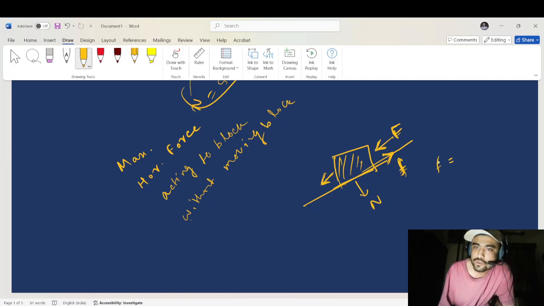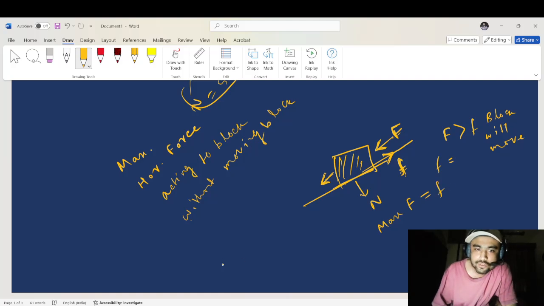So if F is greater than small f, the block will start to move. So when we are applying the force without moving, the maximum value of F, max F, is equal to small f.